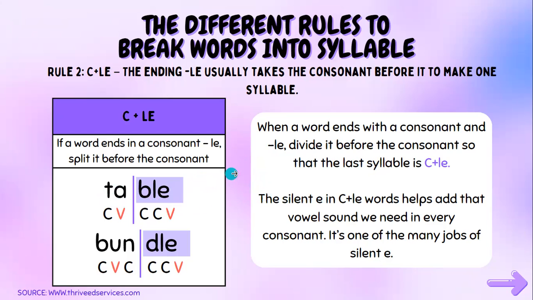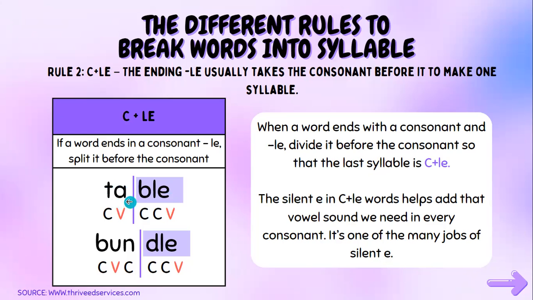It's very easy to divide consonant LE syllables, and we do this by just splitting it before the consonant LE, because usually words end in consonant LE, and the syllable is the consonant and the LE. So that's one syllable in table, which is BLE, and we split it before that syllable, and the rest of the word is on the other side.